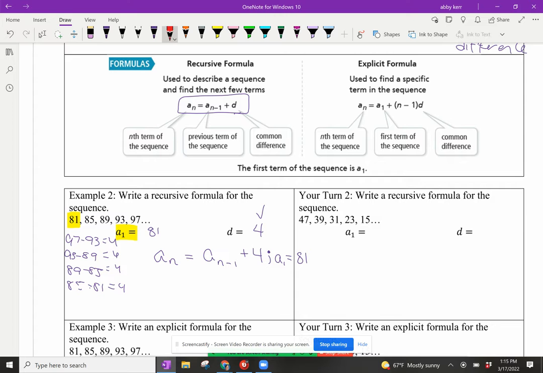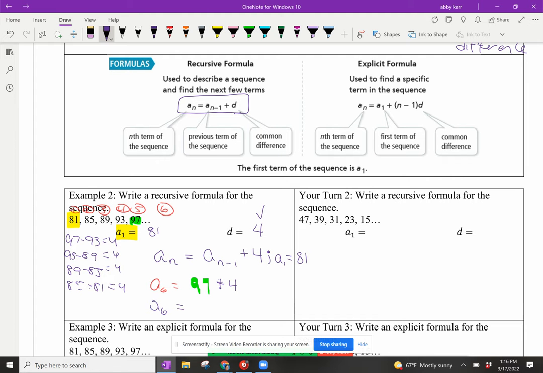The reason why, so this is our first term, second, third, fourth, fifth. What happens if we want to find the 6th term, a sub 6? Well, this is telling us that we need to look at our previous term, which is 97. We're going to put that there, and then we're going to add the difference.